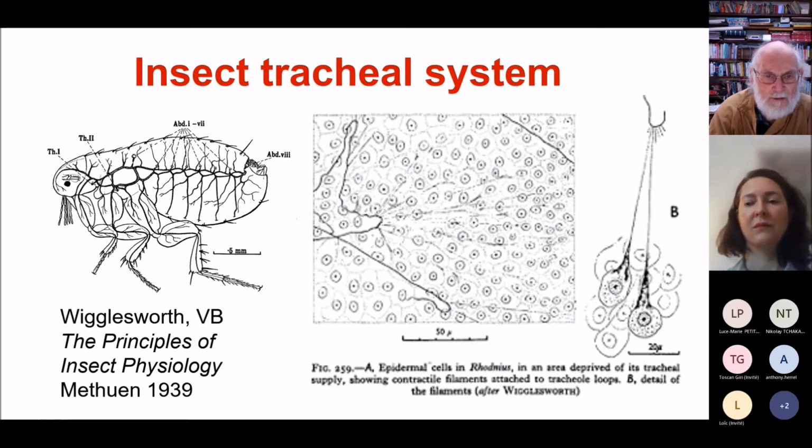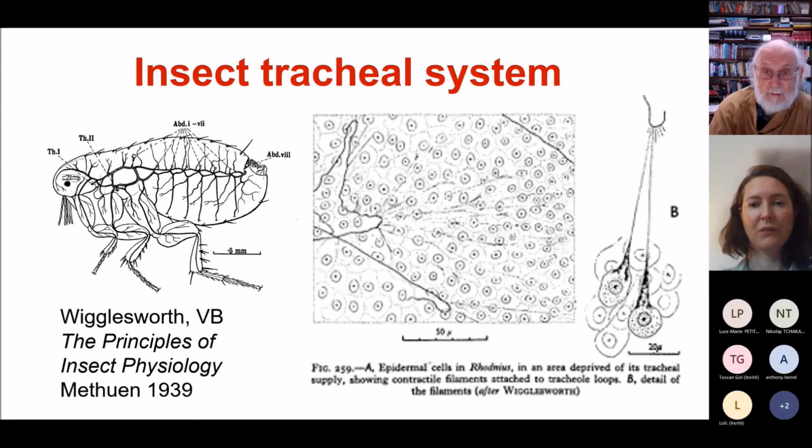So somewhere in there is a sensory system which says, I'm gasping for breath, I'd better go and get a bit more oxygen. And the cells respond to this and actually redesign the network in real time.